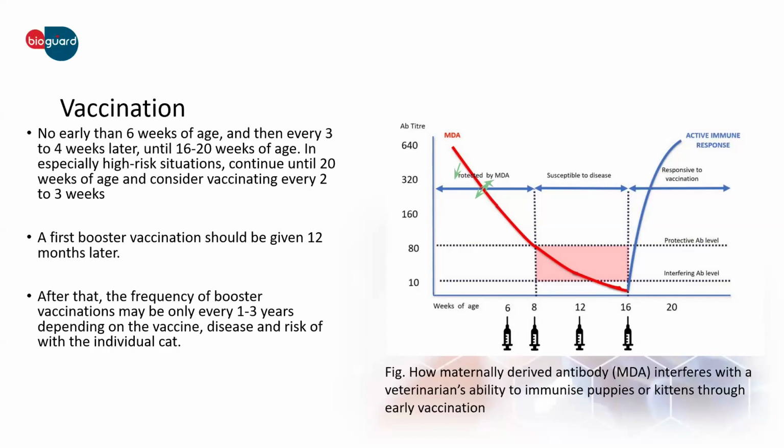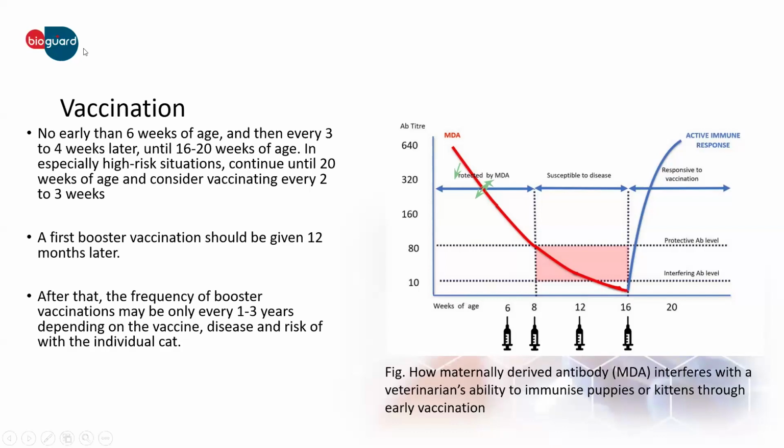Then the frequency of the booster vaccination may be only every 1 to 3 years, depending on the vaccine, the disease, and the risk for each individual cat to get the infection.